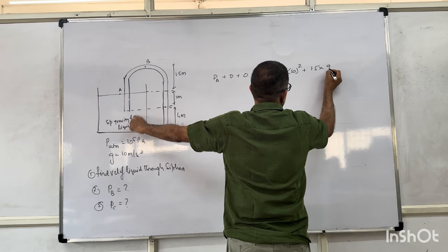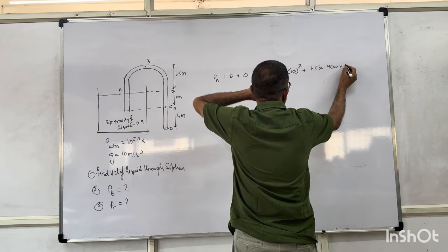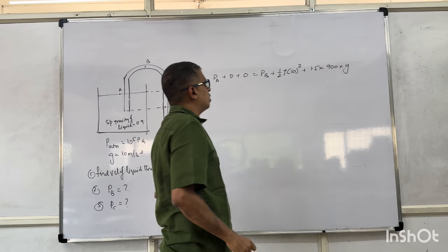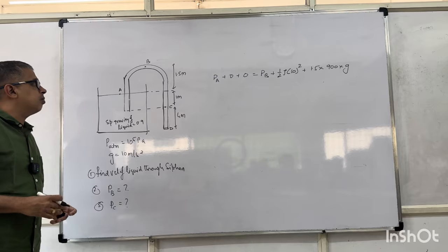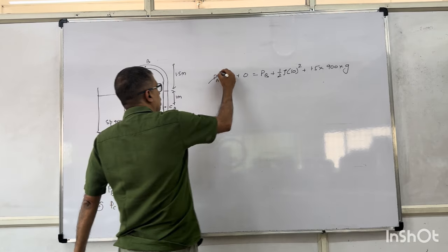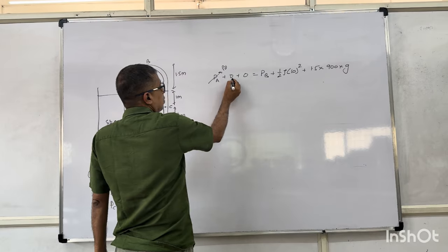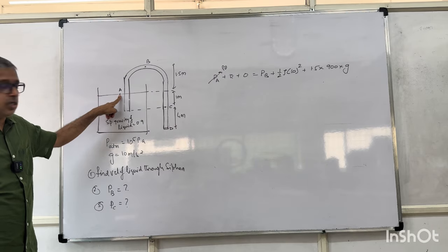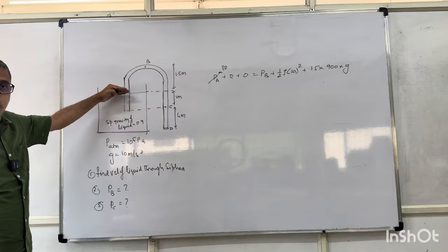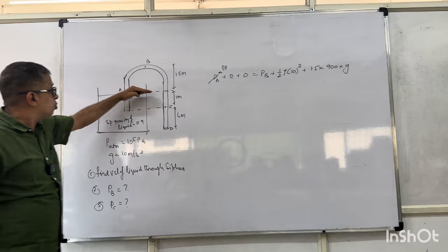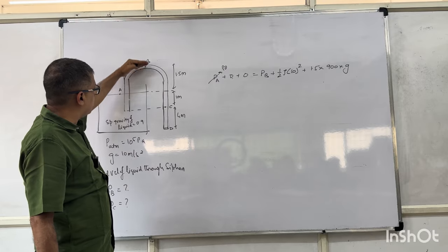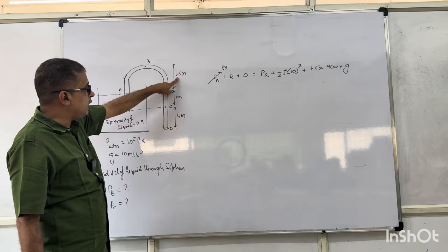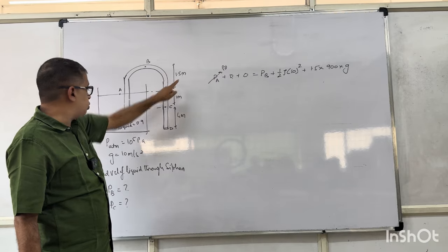Specific gravity of the liquid will be 900 into G. See if you are convinced. Pressure at A will be P naught. Why did you take kinetic energy here to be 0? Area of cross section is large. Why are you taking potential energy 0? You are taking that as a reference line. So when you are taking potential energy here, you take rho g h, 1.5 into rho into g.